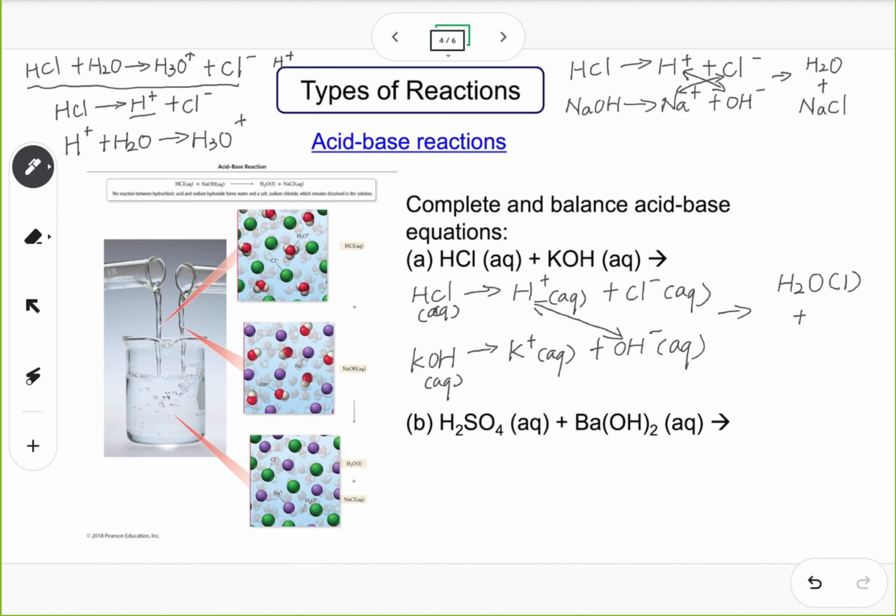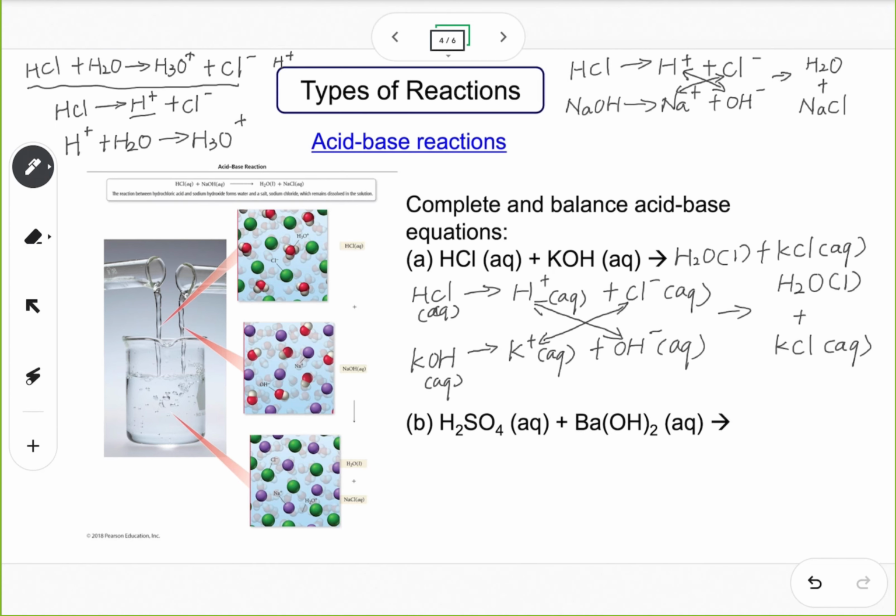The second product would be the combination of potassium and chloride, so it's going to be potassium chloride, of course in aqueous solution. So these are the two products. If you want me to write this equation, that's going to be water, L, plus potassium chloride, aqueous. This is the first example.